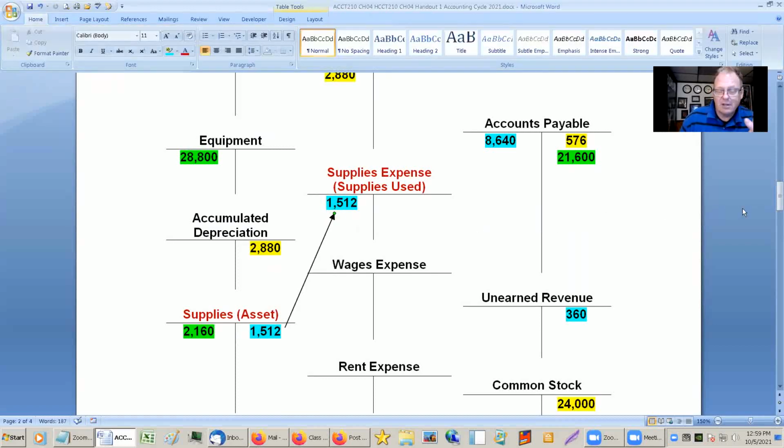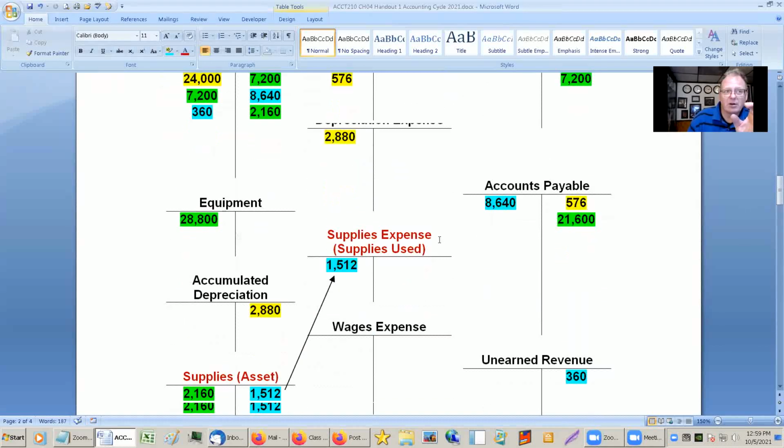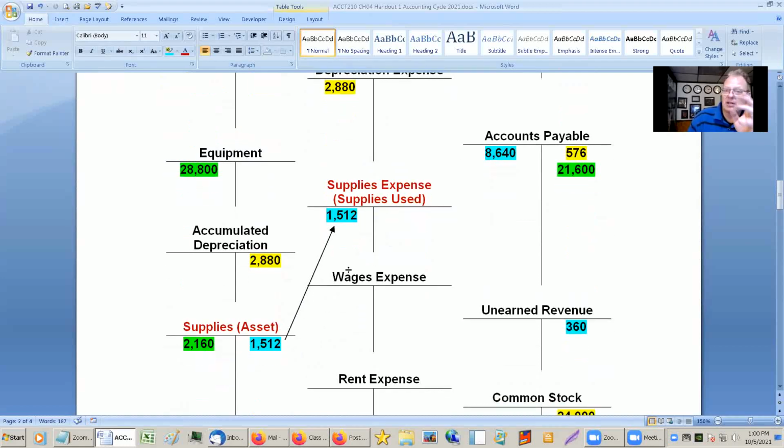Cash hasn't actually left the place, but the supplies have, whatever they were, envelopes, postage, or whatever it is. So it's not necessarily cash going out. The cash already went out up here, but it's as you use those up. And this, by the way, is what Chapter 3 is about. Honestly, we could post them here without knowing that. But that's the background behind this: as we use up these supplies, it comes in as an asset, and then we expense it once we use them up. And we'll find out how much supplies we have left in a minute or two.